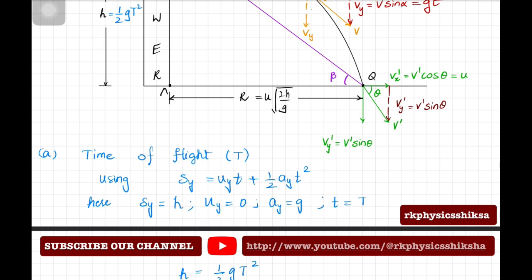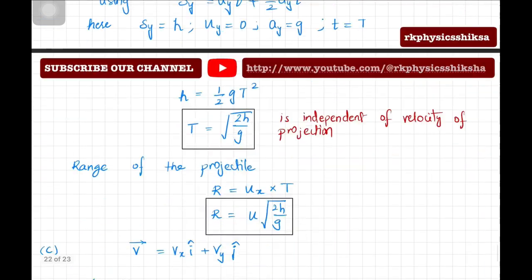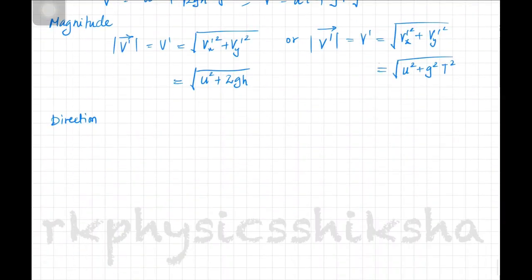So this value I got, I'll replace this value, which I can take as root of 2gh, or I can also write it as g into capital T. So from which I can calculate the direction: tan theta is equal to Vy divided by Vx, which is equal to Vy is root of 2gh by Vx is u.